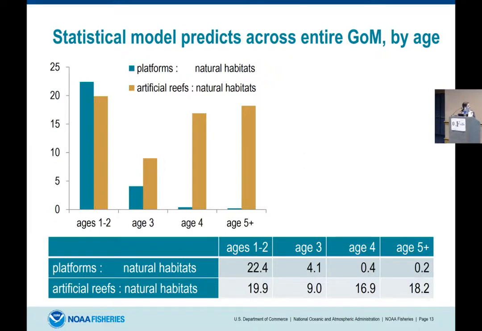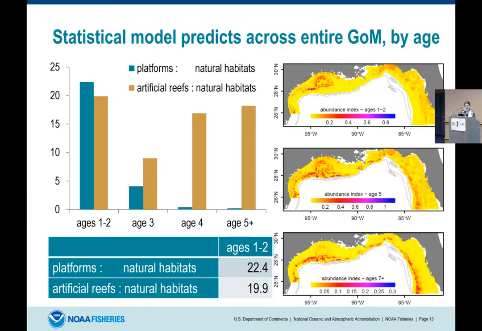So there are some differences between the platforms and artificial reefs there. And then again, these are the predictions across the Gulf of Mexico by age. So this is ages 1 and 2, age 5, age 7, and you can see the abundance sort of moving offshore. So it pretty much agrees with some of the general knowledge about red snapper biology.